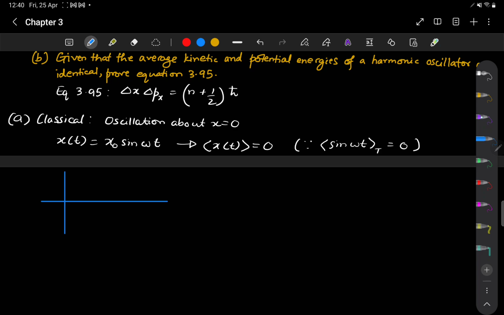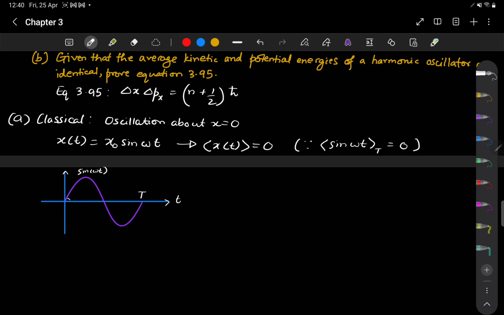So let me try and draw a sinusoid. This is a sine function. This is one time period T, and this is the sine function, sine omega t.